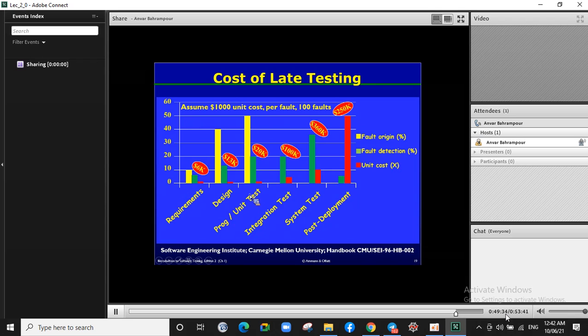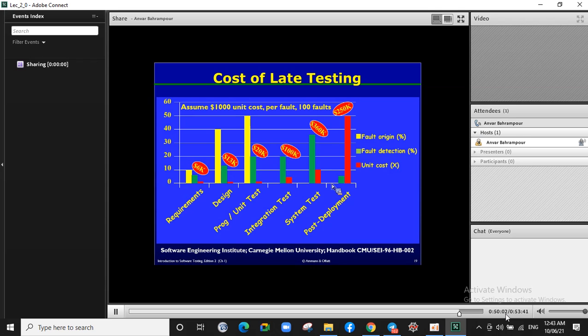So you should note that if we could prevent faults in these first stages, we don't have side effects in the later stages of the software development life cycle and in the post deployment phase.